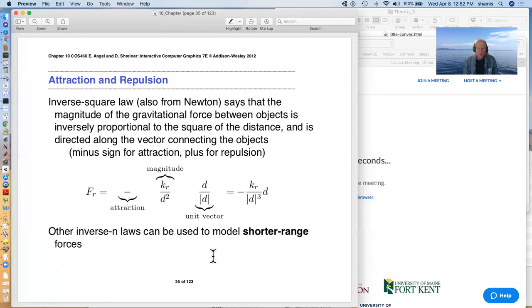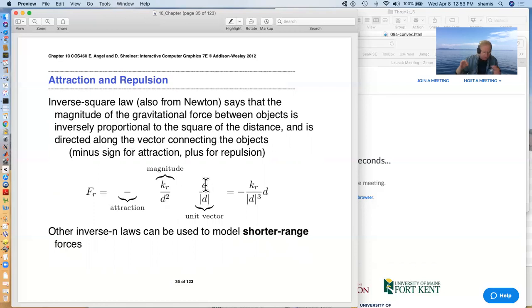With inverse square, also from Newton, the magnitude of the gravitational force between 2 objects is inversely proportional to the square of the distance. So here's the magnitude of the force. There's some constant of proportionality. It has to do with the masses divided by their separations squared. It's directed along a vector connecting the objects. So here's the unit vector that connects these 2 objects.